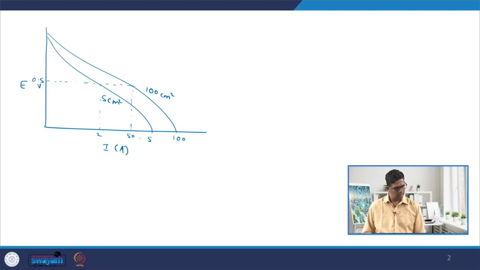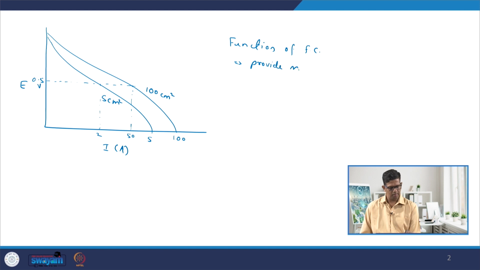So what I am trying to say here is, now which cell is to be used for the actual power applications. As we know, the function of any fuel cell is to basically provide maximum power or power to the particular load.